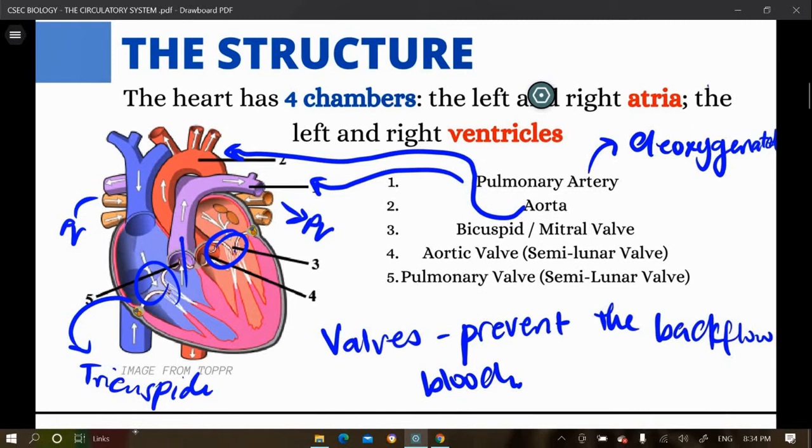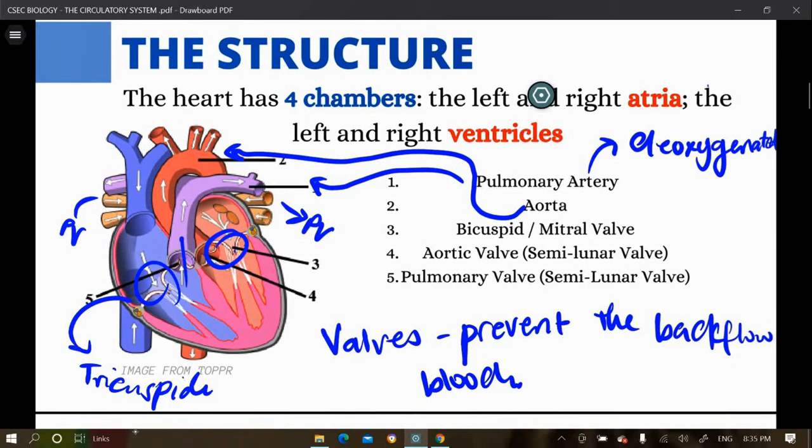Now, the aortic valve is a semilunar valve that prevents backflow of blood into the left ventricle. So once blood gets into the aorta, that valve is there to prevent blood from coming back. And lastly, the pulmonary valve, also a semilunar valve, prevents the backflow of blood back into the right ventricle.